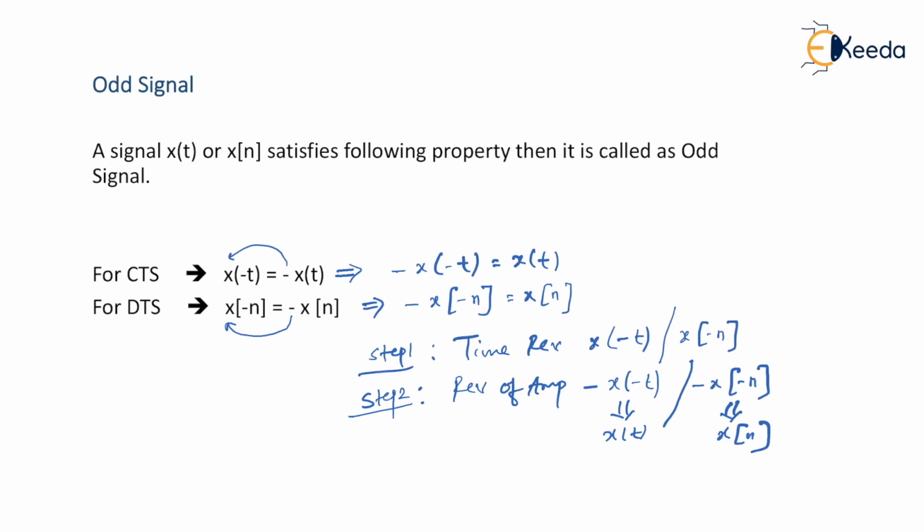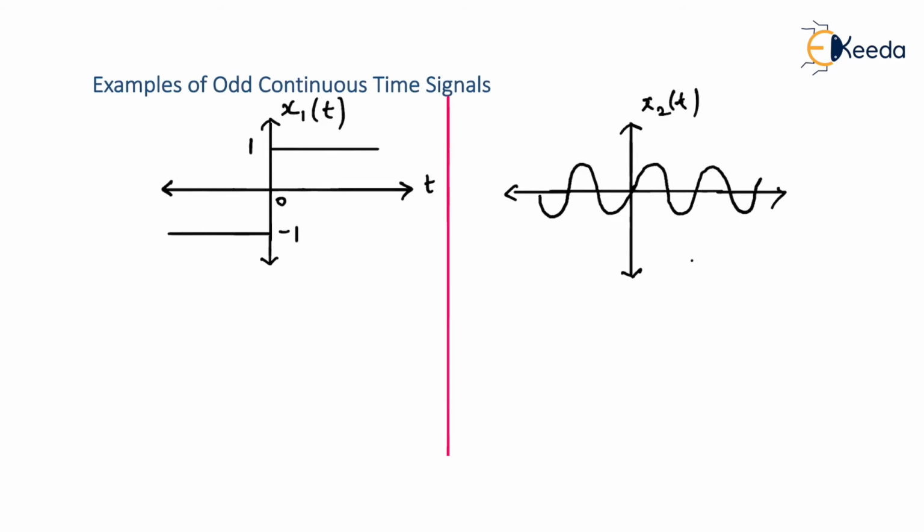Let us see some examples. First example, you can observe x1 of t. One should understand, looking at the signal, that this is a signum function. Now as I said, I have to do two things. First step, we have to do time reversal. So to do time reversal, I'll do x1 of minus t.